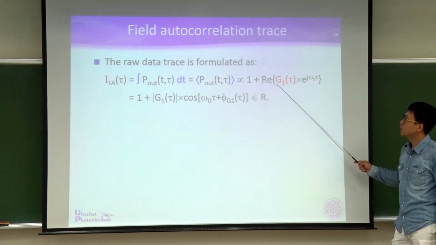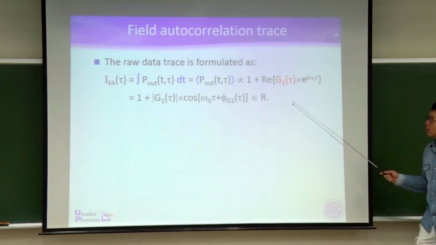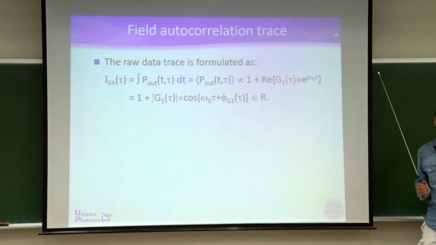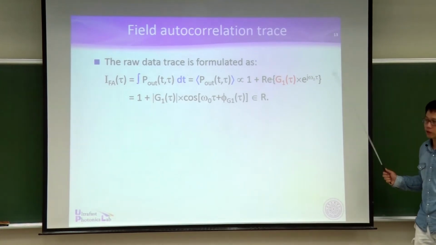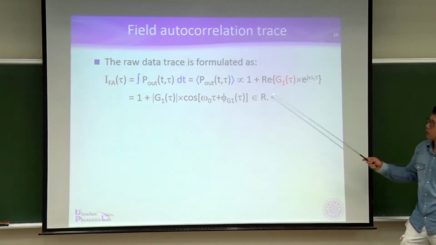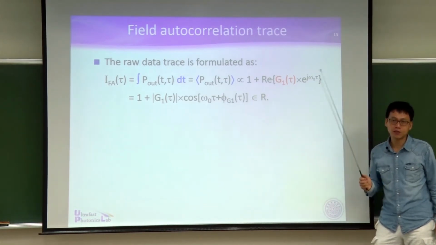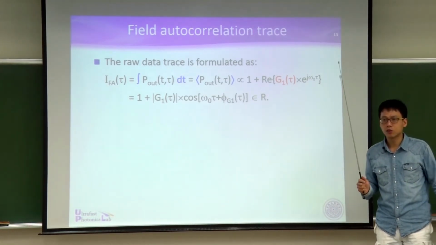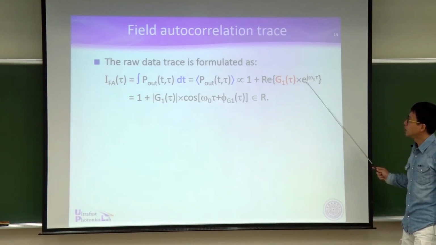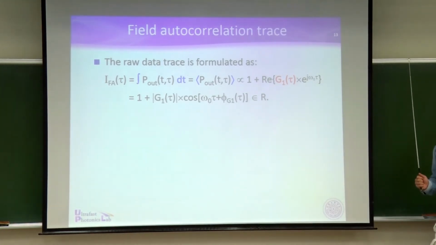Then you can prove it's proportional to constant 1 plus real part of a new function g sub 1 of tau times e to the j omega 0 tau. Okay, remember at this point there is no variable t because of the integration. After the integration, only tau variable. So g1 of tau, e to the j omega 0 tau. Okay. So that's it.